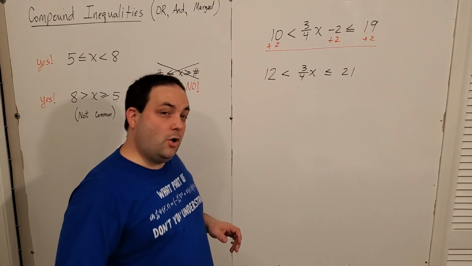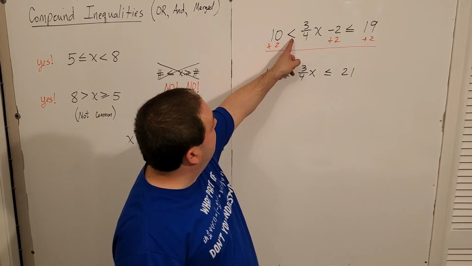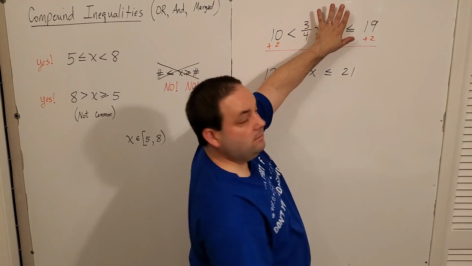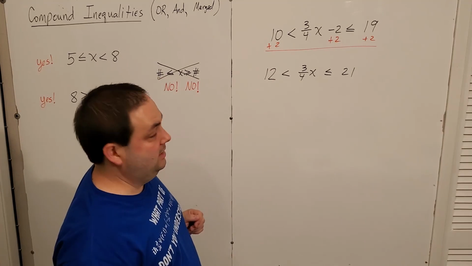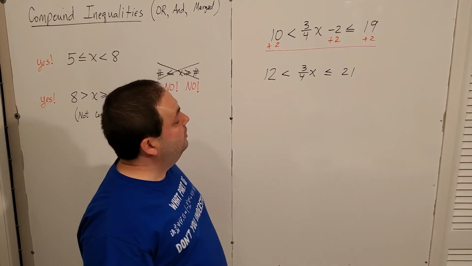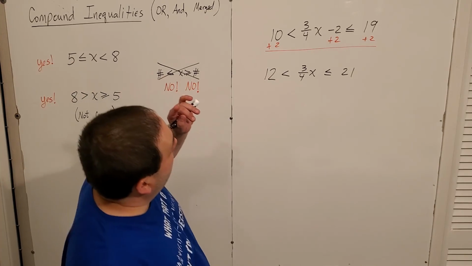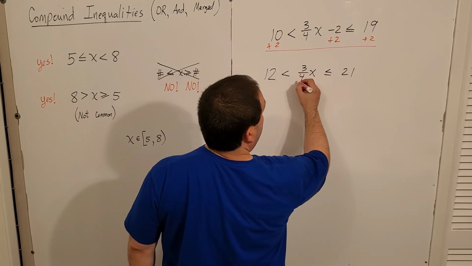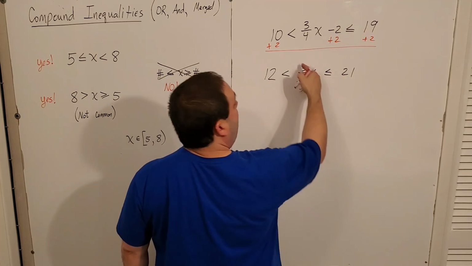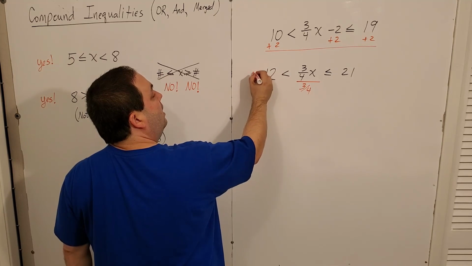By the way, when we started this, did you double check? Did you look real quick? Is 10 less than 19? Are the symbols pointing in the same direction? Does it all make sense? Okay? Always remember to double check that. To finish this one up, I'm going to divide by 3/4. But remember, if I'm dividing by a fraction, I'm really multiplying by its reciprocal.